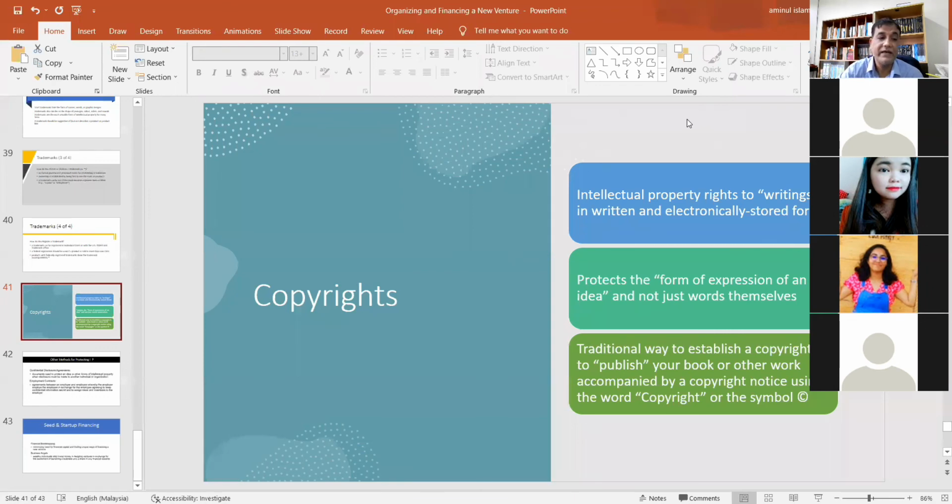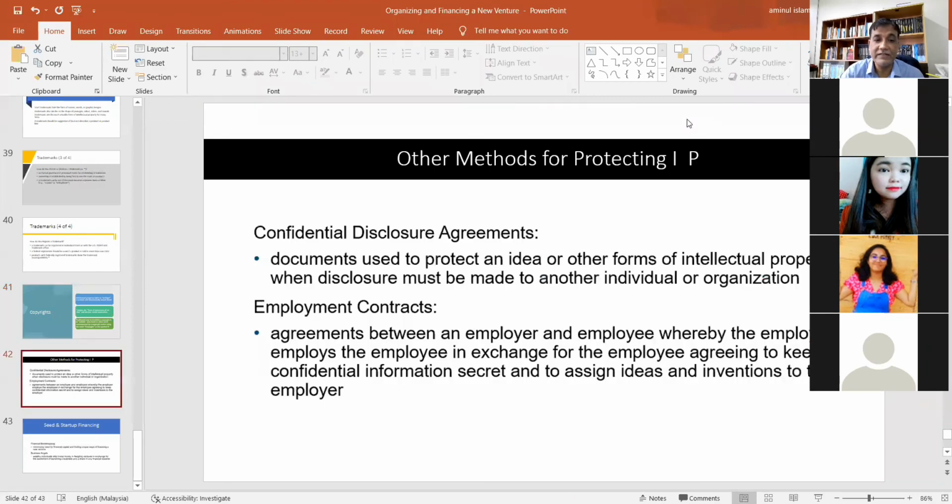We also looked at financing sources available for different forms of organization. And you can also have other methods of protecting your IPs, like confidential disclosure agreements and employee contracts.